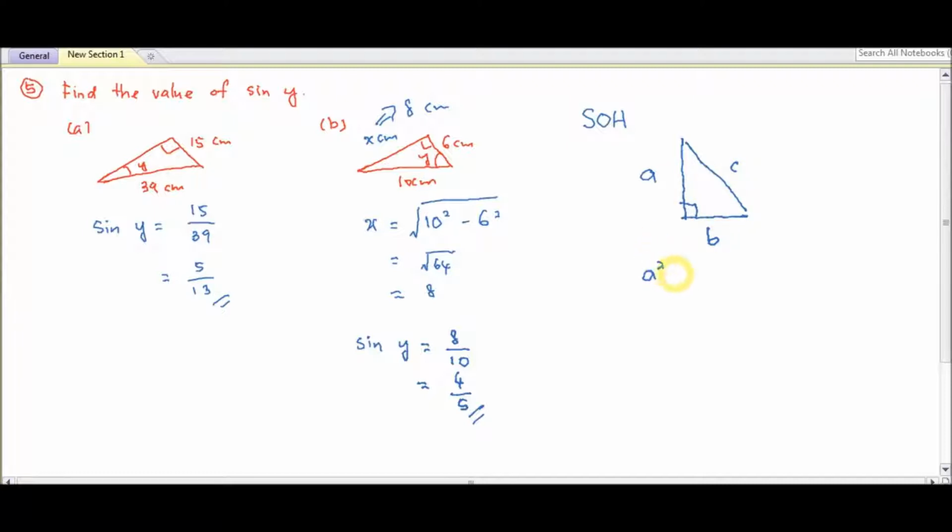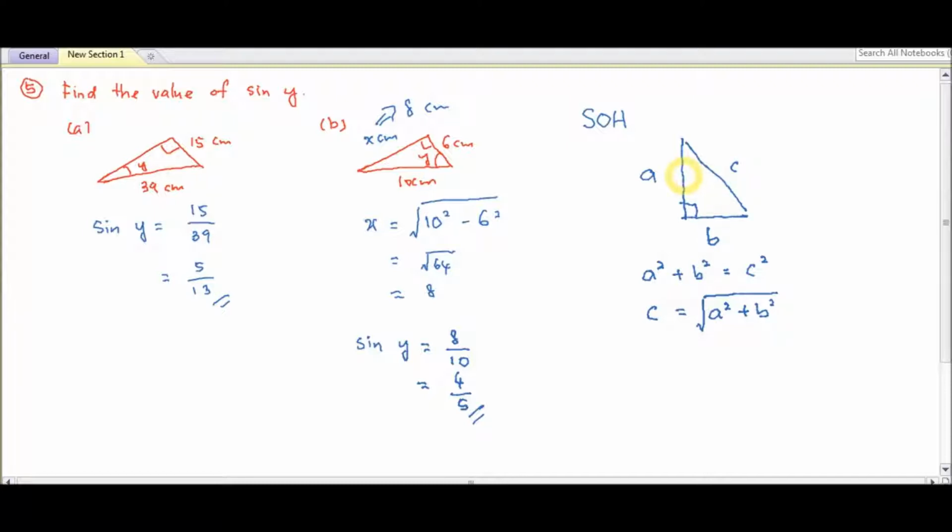A squared plus B squared equals C squared, right? So if you want to find the longer side, C, you take A squared plus B squared, then square root it. You will get the length of the longer side.